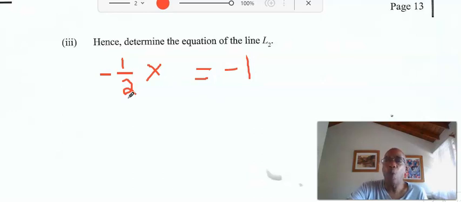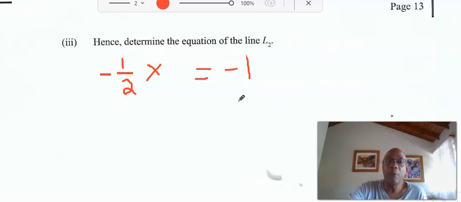So we need to find what must you multiply -1/2 by to get -1. Now you could do it in a number of ways. For example, to find this term here, you could divide -1 by -1/2 and you get the answer.